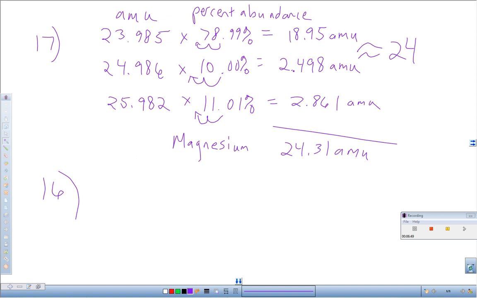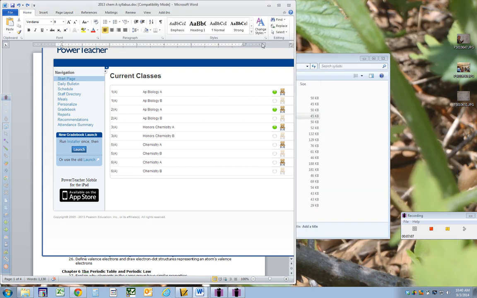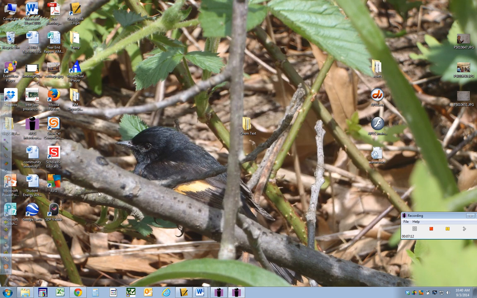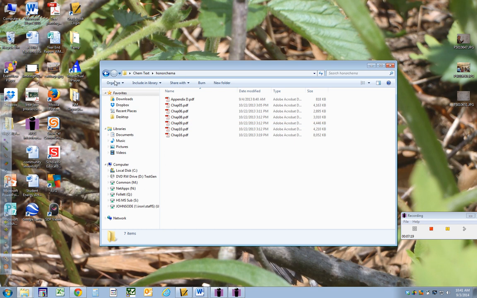Which one is probably the most abundant? 16. I should throw a picture of it up here. I probably could. Because we have, is your syllabus coming together? You have this chem book right here. And in Honors Chem A, oh, I forgot to put chapter 4 in there.